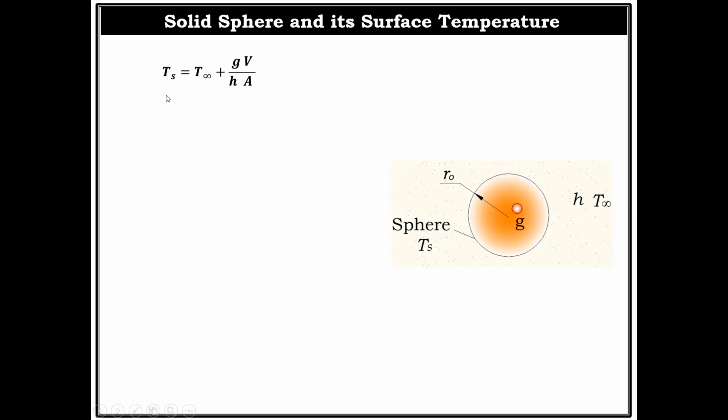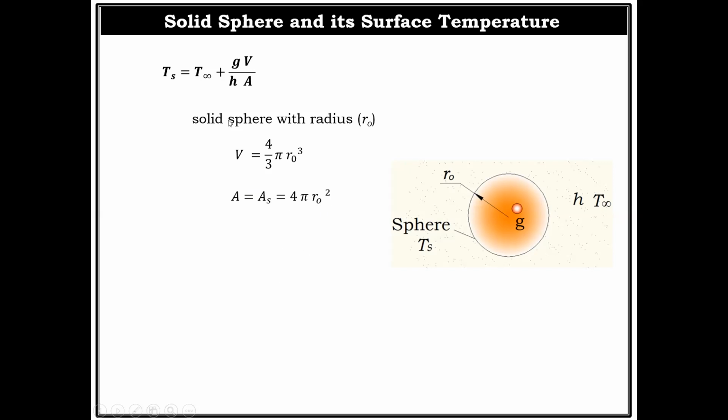Now the basic general equation, T surface is equal to T infinity plus GV upon HA. Here V stands for volume, A stands for surface area. For a solid sphere having radius RO, what is the volume? Volume is 4 by 3 pi RO cube, and surface area is 4 pi RO square.